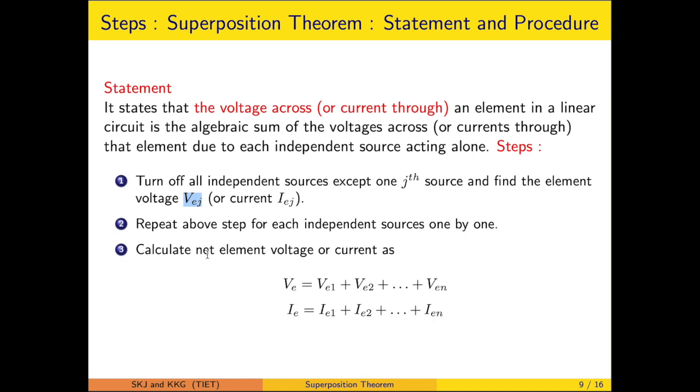Thereafter we can calculate the net voltage or current: VE is equal to VE1 plus VE2 up to VEn, or IE is equal to IE1 plus IE2 up to IEn. This holds true for a linear circuit.